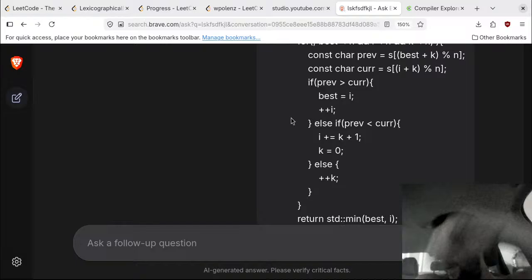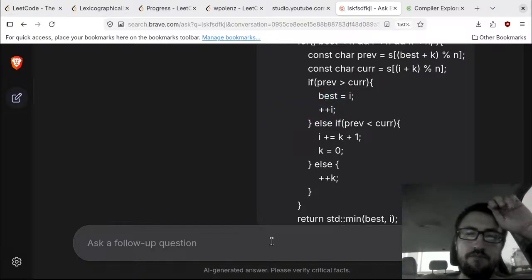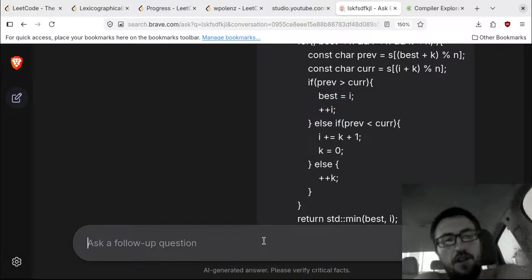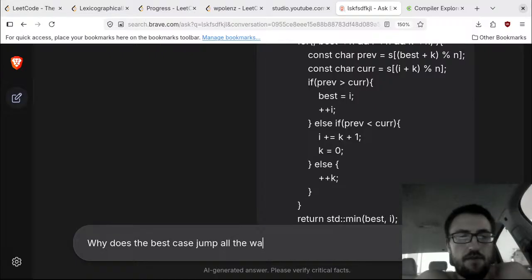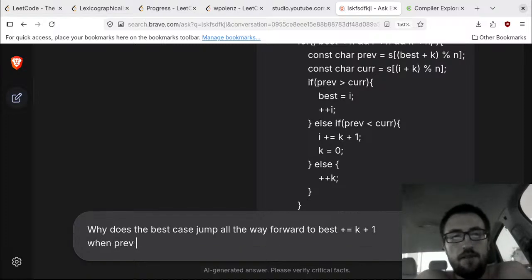It's just a slight variation. Why does the best case jump all the way forward to best plus equals K plus 1 when previous is greater than current?